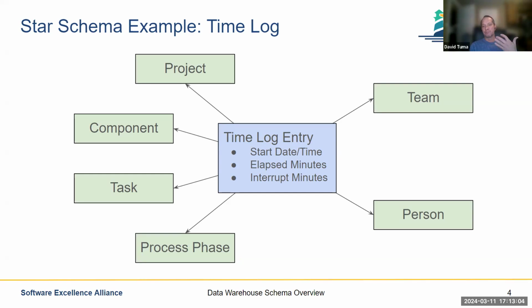Or if I were to group by the start date and by the person, now suddenly I've got a report that's telling me the actual direct time per week. So you can see the simplicity of this schema is that just by choosing which things you add to your filter or group by clauses, you can do just a vast number of different analyses.